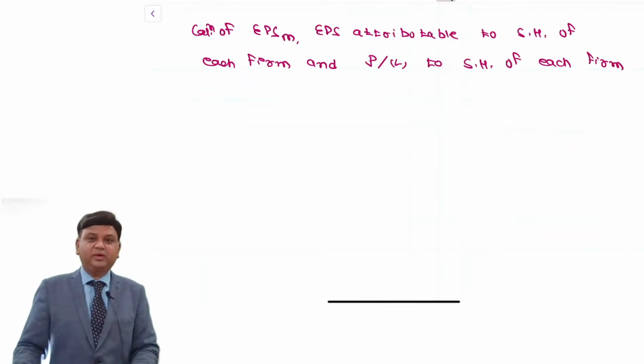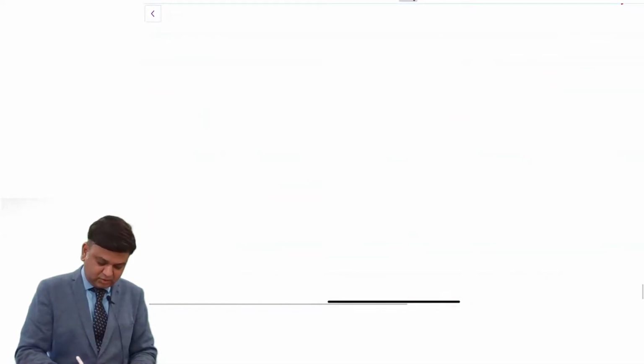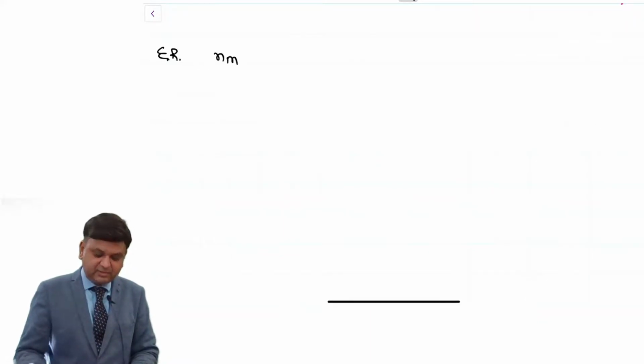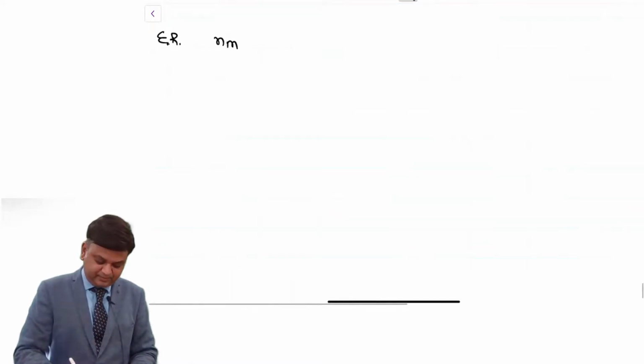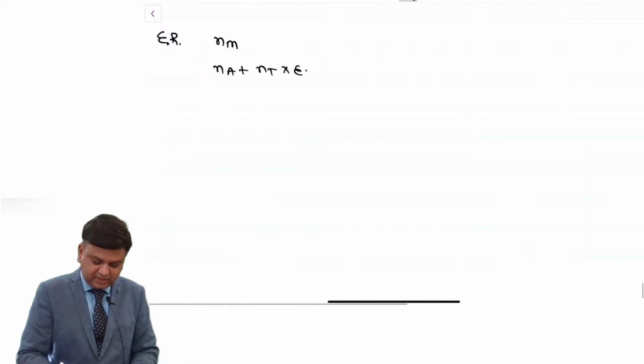This is the way we are required to calculate the answer. Column number 1 will be exchange ratio. Column number 2 will be number of shares of the merged firm, that is NA plus NT into ER.